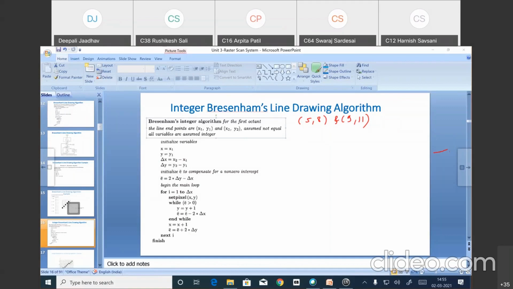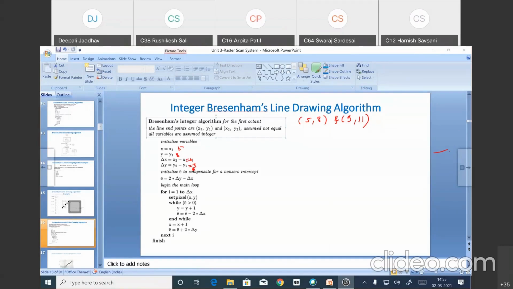The initial values are x is equal to x1, that is 5, y is equal to y1, that is 8. Delta x is equal to x2 minus x1, what is x2? 9 minus 5, that is 4. And delta y is equal to 11 minus 8, that is 3.